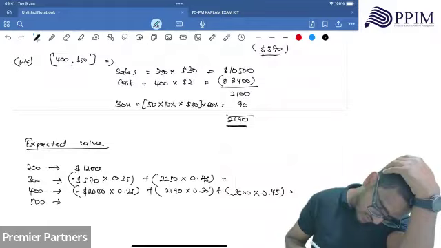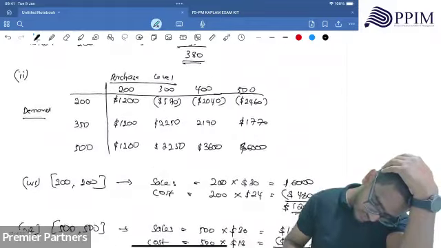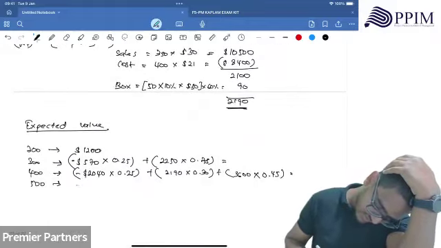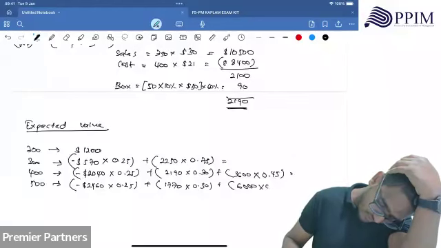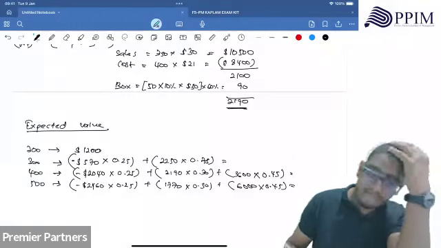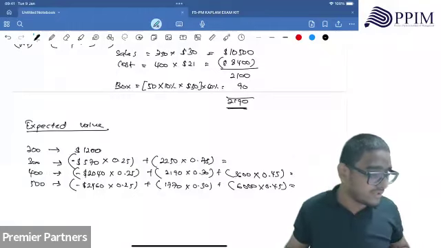And 500 also the same scenario: negative 2,460, 1,770, and 6,000 at 0.45. Okay, work out all of this.